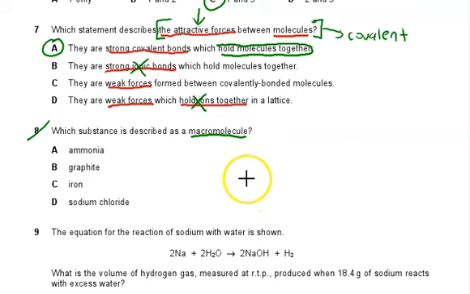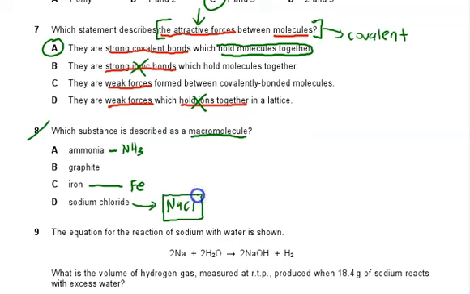Number 8: which substance is described as a macromolecule? Ammonia is a simple molecule, iron is an element, and sodium chloride is a salt, which is ionic.